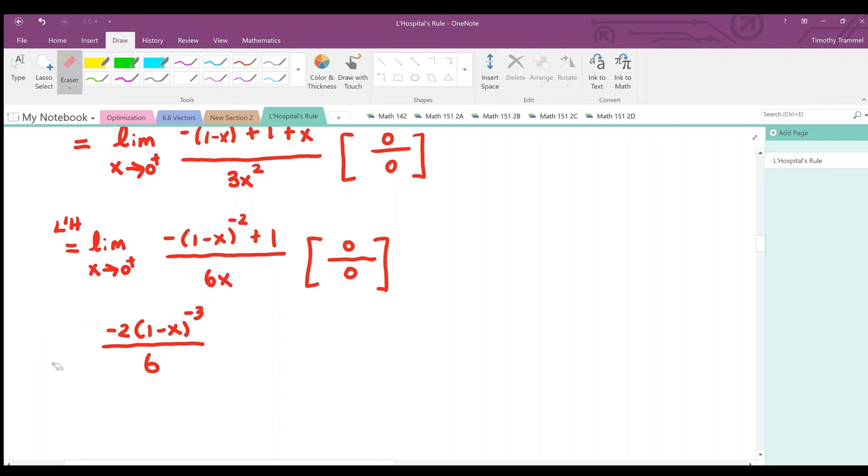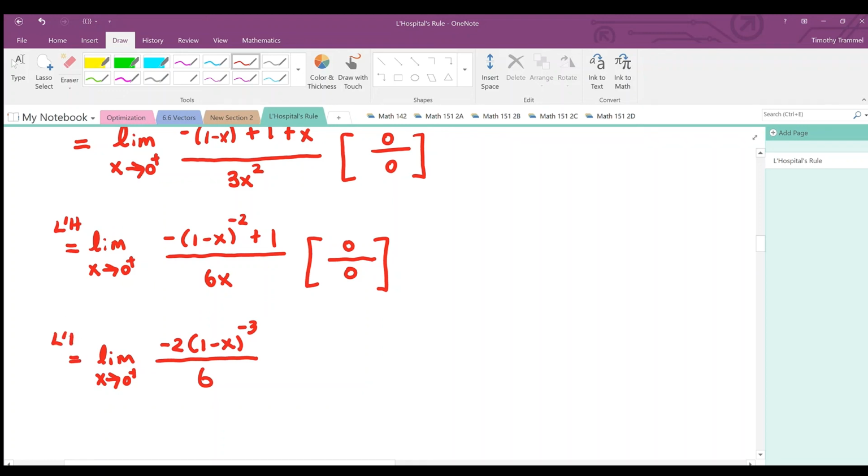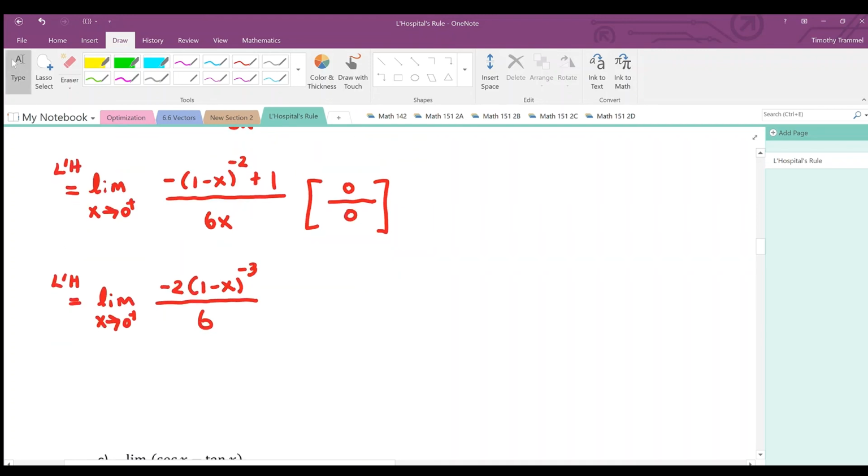And let me make sure to write in my limit here. So I haven't taken the limit yet. Now, it might be helpful to actually rewrite this a little bit.